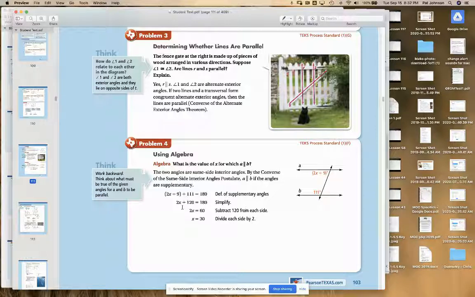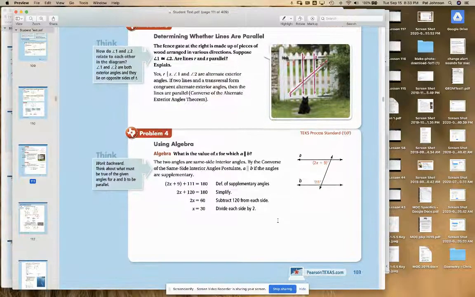So we can do 2x plus 9 plus 111 equals 180 because of the definition of supplementary angles. Then we simplify and do 2x plus 120 equals 180. Then we use the subtraction property of equality. We subtract 120 from both sides, divide each side by 2, and we get x is 30 degrees.